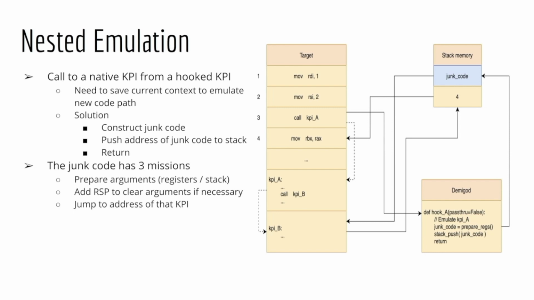So I construct a junk code and push its address to the stack as a safe RIP. This junk code has three main missions: prepare arguments to registers or stack, clear the stack after calling, and jump to the native KPI directly.